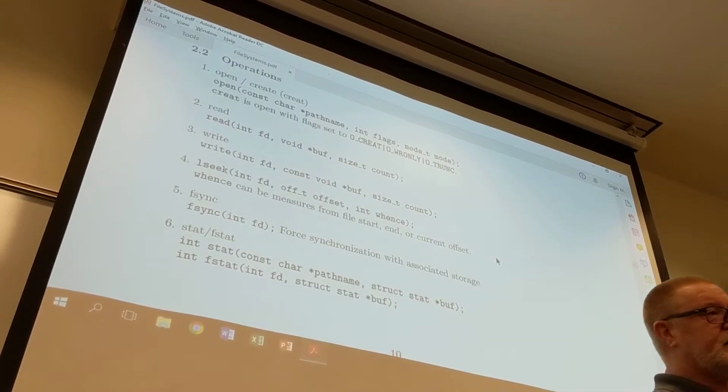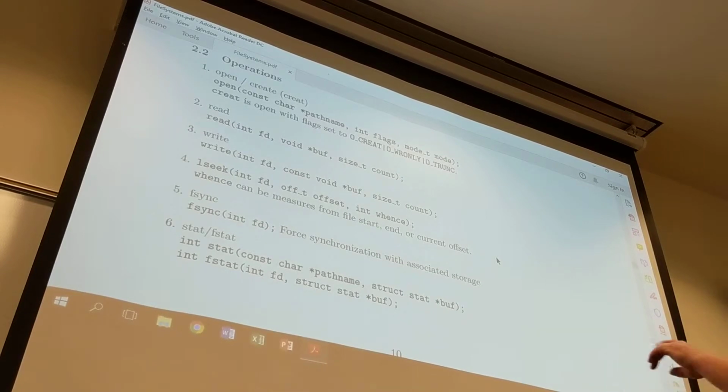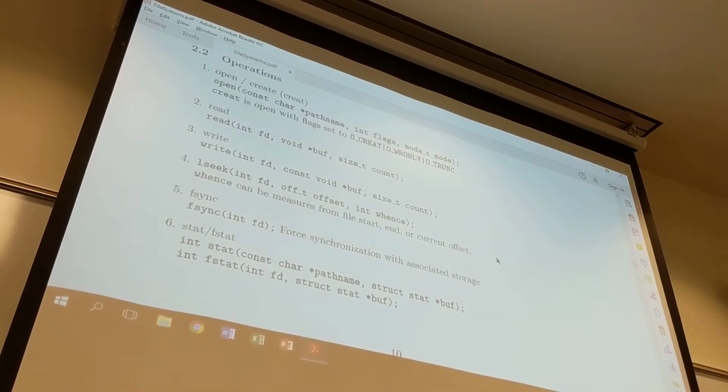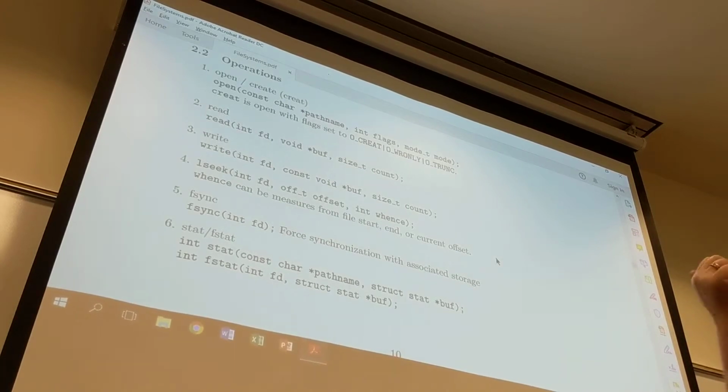On Unix, Linux, and Windows, anything that supports the Unix interface, they'll map to these particular operations. Okay, so if you want to read about these, you have to do man space 2 space open, close, read, write, etc.